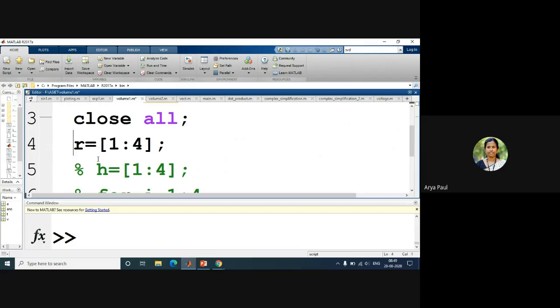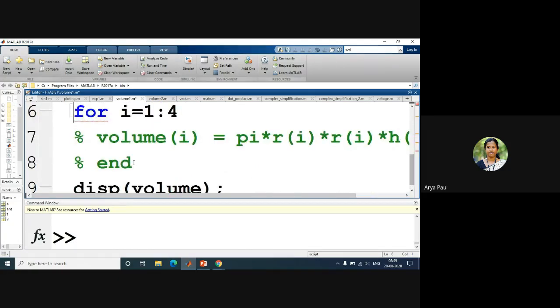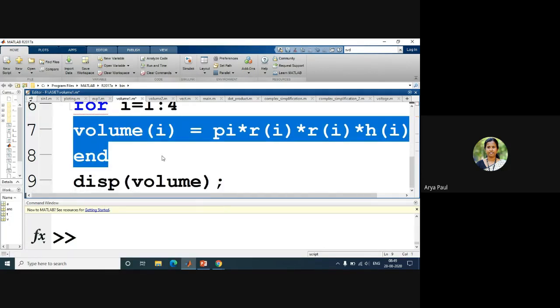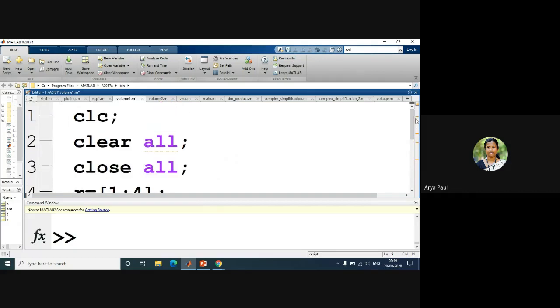Next, we will be familiarized with another important thing, that is vectorized computing. We are already familiar with loops, especially for loop and while loop. What is the purpose of a loop?